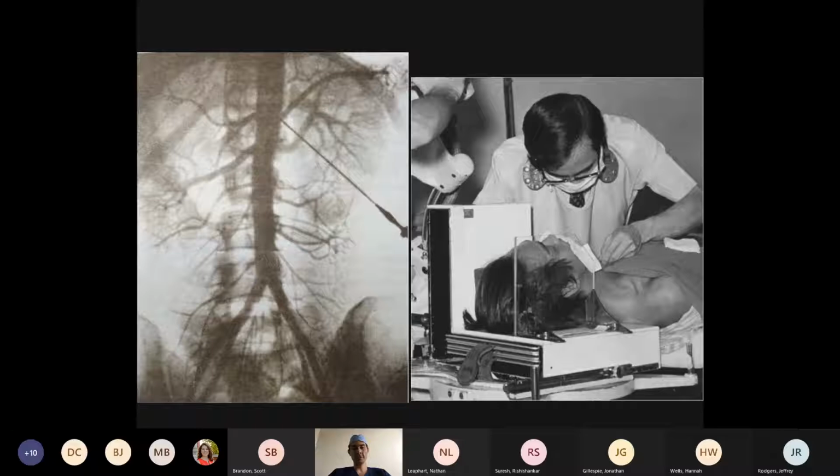Hopefully they would be taking pictures at exactly the same time that the vessels were being filled by the contrast. And that's the way arteriograms were done in the past. You can go to the next slide.